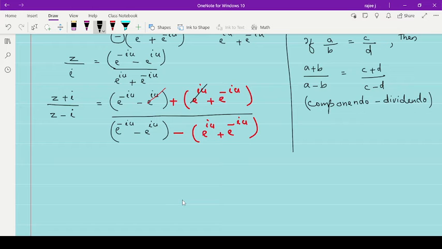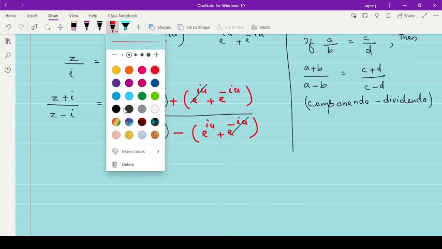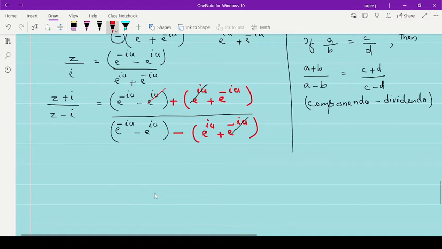Similarly, in the denominator, e raised to minus iu and this will become minus e raised to minus iu, like x minus x. Always remember, just check the power also. Here minus, here also minus must come. So e raised to minus iu minus e raised to minus iu, this term and this term will get cancelled.